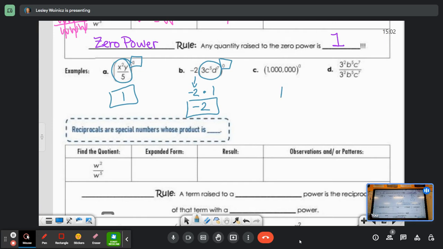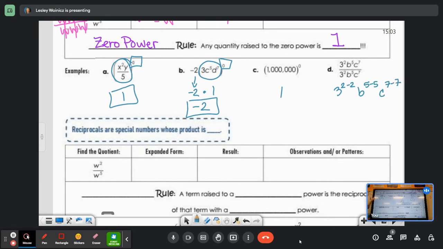Now, we saw yesterday if we had the same power on the top and the same power on the bottom, and we had like 3 times 3 times 3 and b, all of this was canceling, right? We saw that yesterday. So what we get to see today is that it's like 3 to the 2 minus 2, b to the 5 minus 5, c to the 7 minus 7.